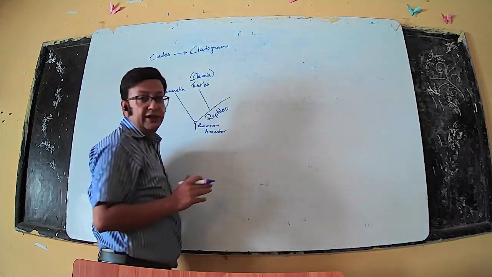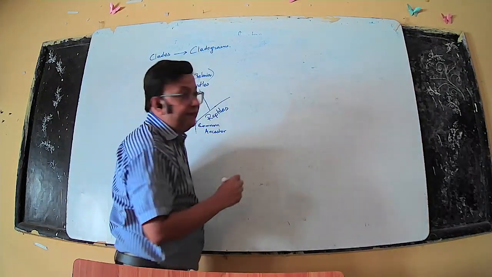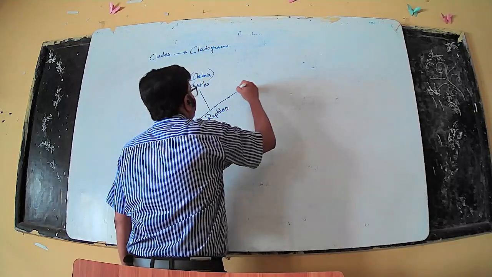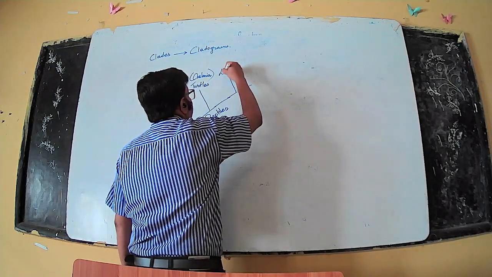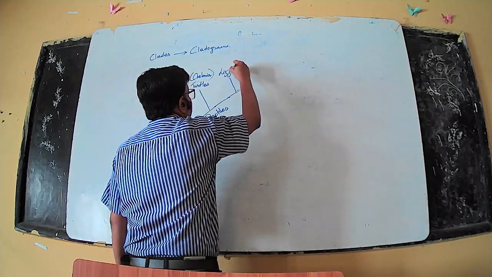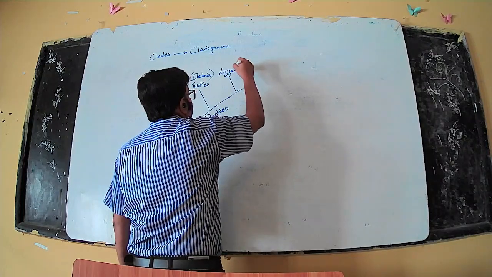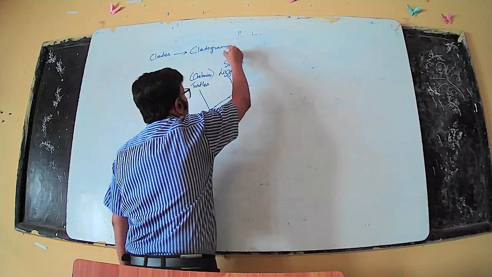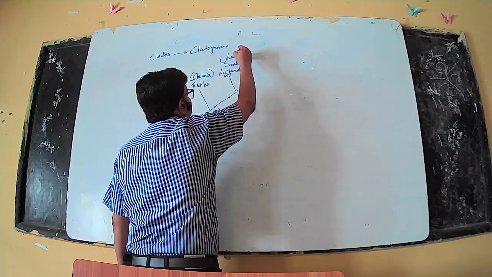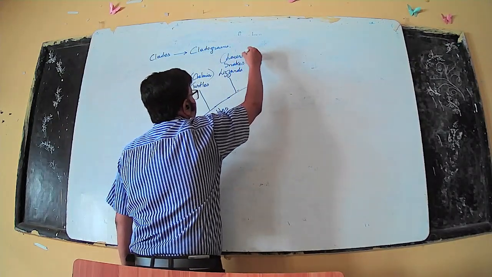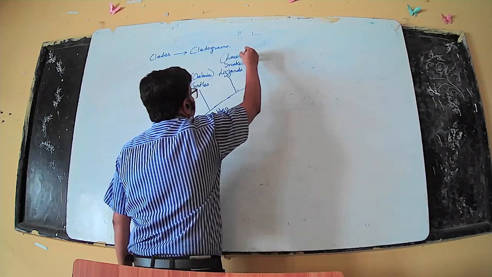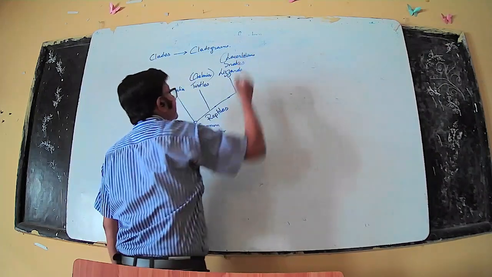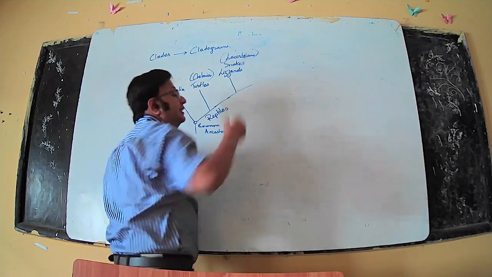On the other side, you have the line of the reptiles going on. Turtles are Chelonians. Then you can have lizards and snakes, or Lacertilians. Snakes and lizards are in the same group, known as Lacertilians.